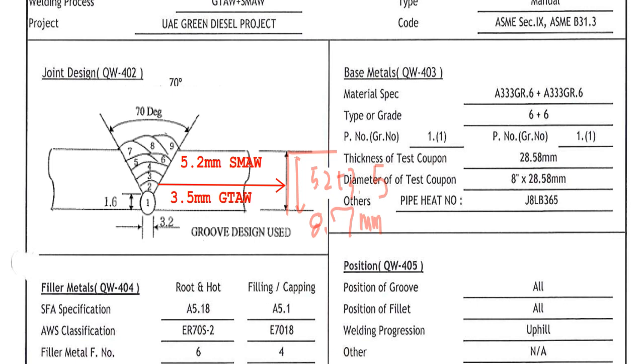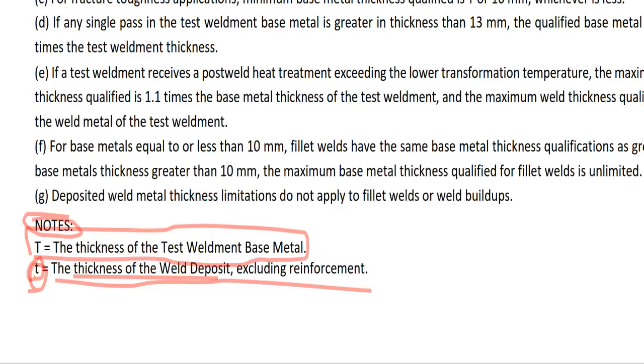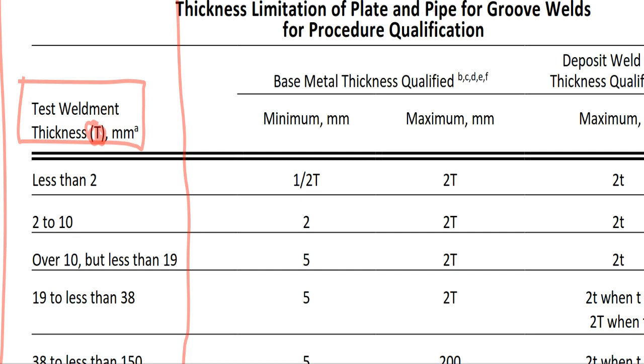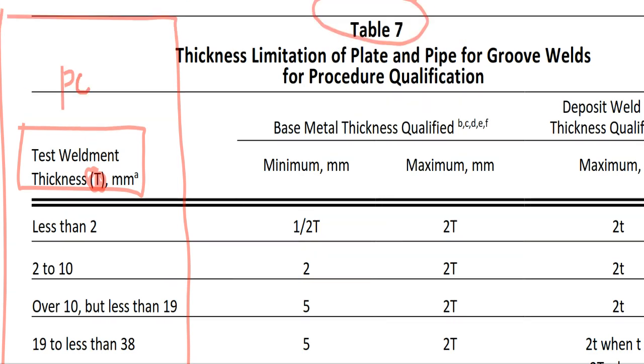And since this thickness of the base metal is 8.7 millimeter, in table 7, I said this is the PQR base metal thickness. So 8.7 is the base metal thickness.